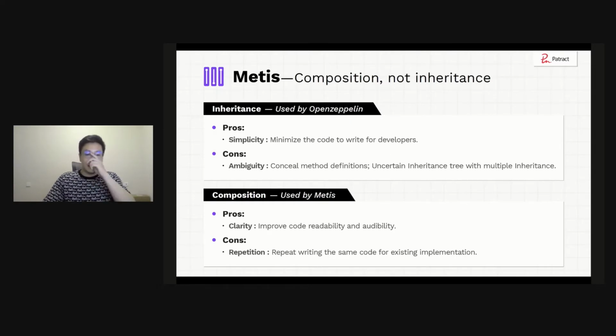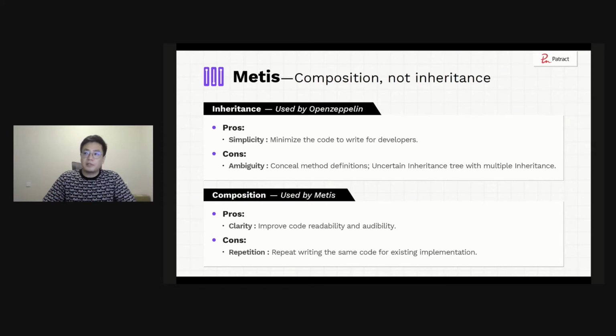So let's talk about Metis versus OpenZeppelin and how they differ. The first thing is inheritance, which is used by OpenZeppelin. The pro of OpenZeppelin is simplicity. It minimizes the code you need to write.